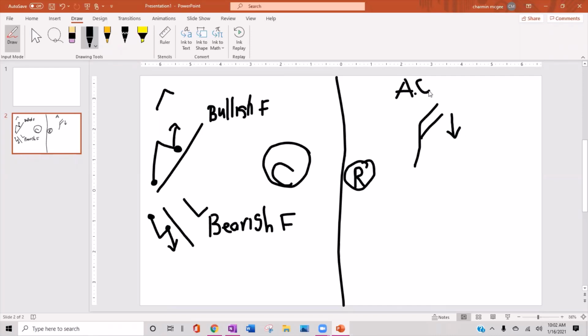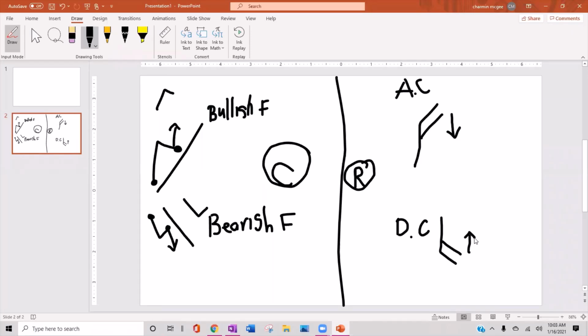AC. This is called a descending channel. Price is going to go down and then slant down like a hockey stick. And when price does that, it's an indication that price is going to reverse and go up.